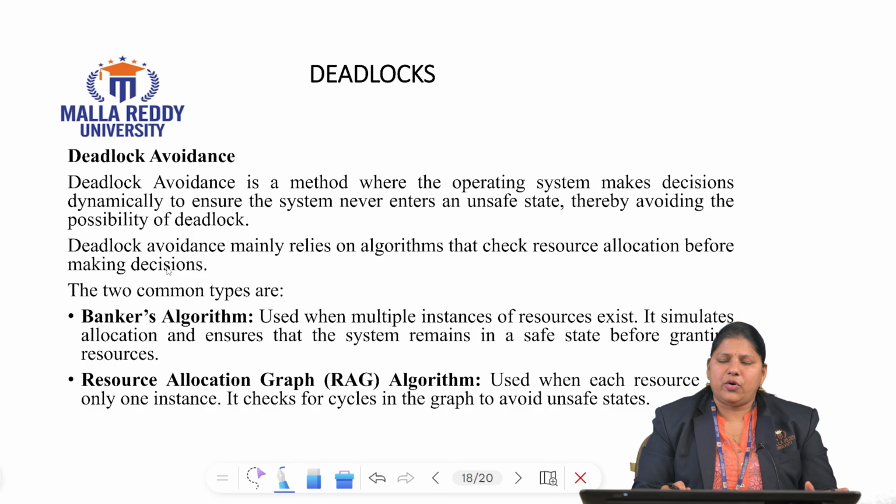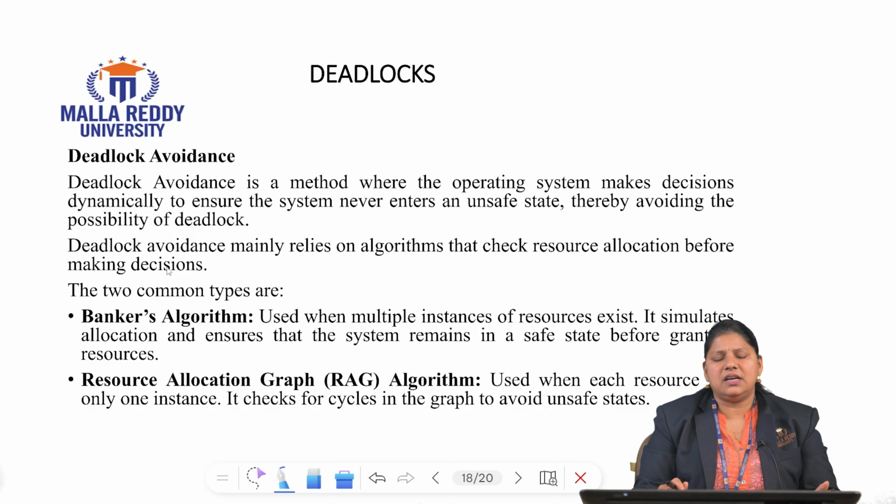Next one is deadlock avoidance. Deadlock avoidance is a method where the operating system makes decisions dynamically to ensure the system never enters an unsafe state, thereby avoiding deadlocks. Deadlock avoidance mainly relies on algorithms that check resource allocation before making the decision. There are two common types of algorithms: Banker's algorithm and resource allocation graph.